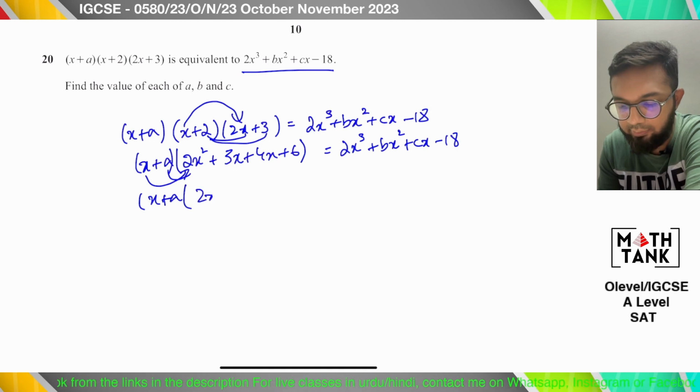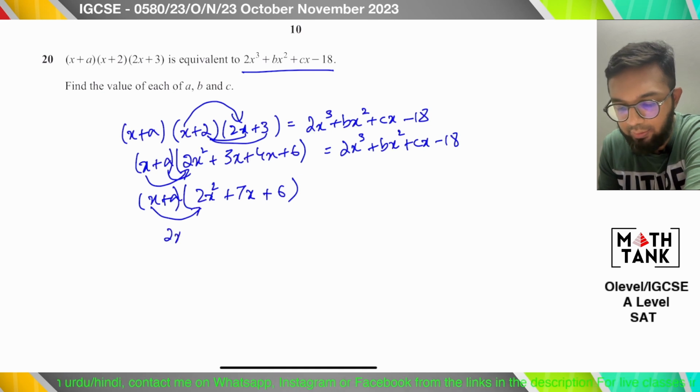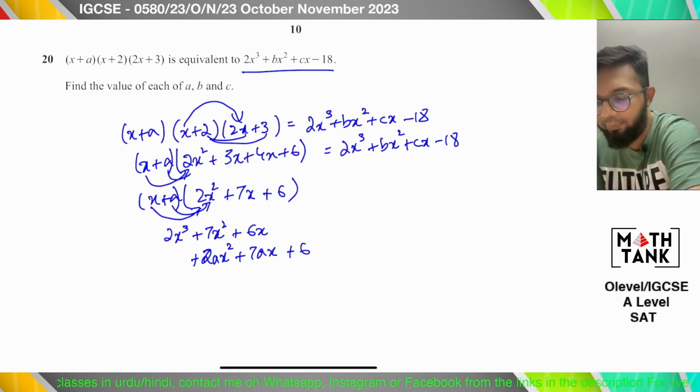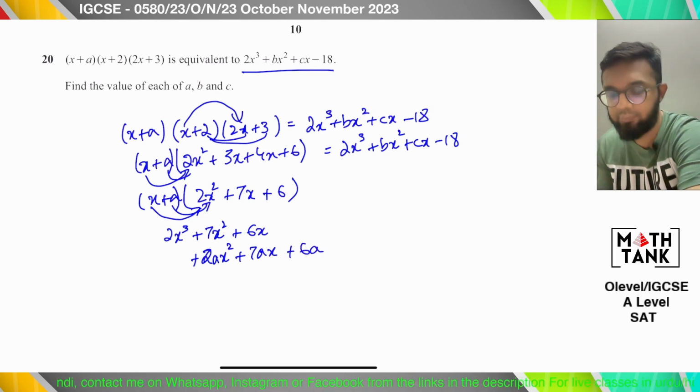Let's do that. You just start multiplying now. So 2x cubed plus 7x squared plus 6x. When you multiply with a, try to write it in the other line so that it's easier for you to figure out which numbers are being added together. Okay, 6a.